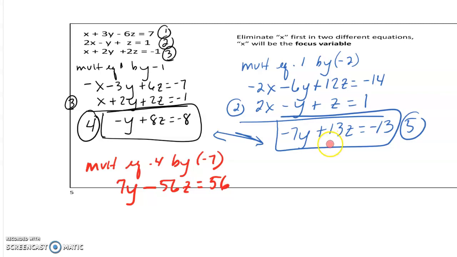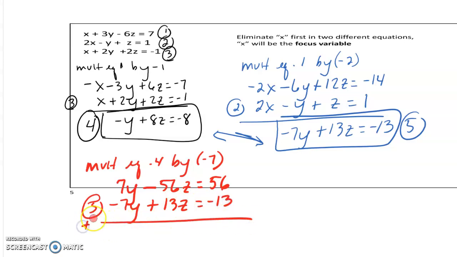Okay, now I'm going to bring along equation 5. So here's equation 5: negative 7y plus 13z equals negative 13. And I'm going to add them together. I get negative 43z equals 43. Divide by negative 43, I get z equals negative 1.